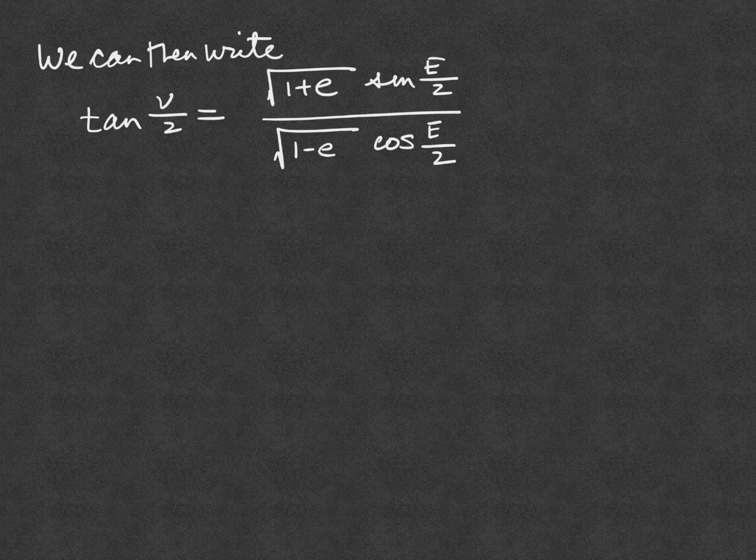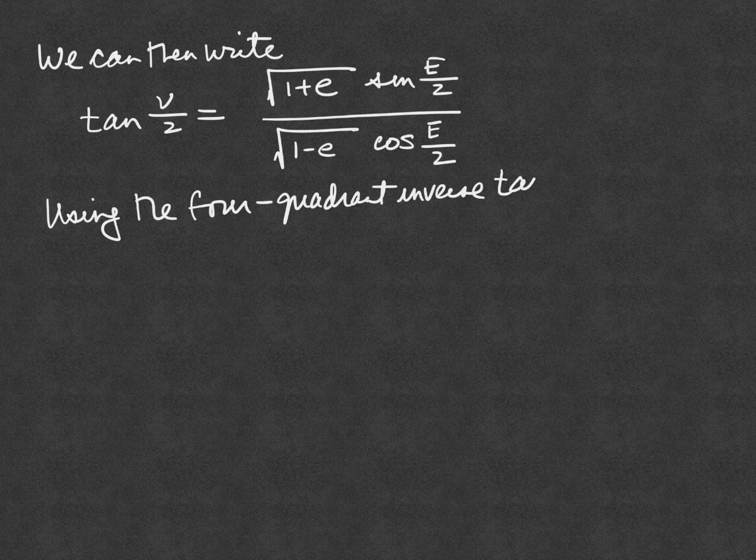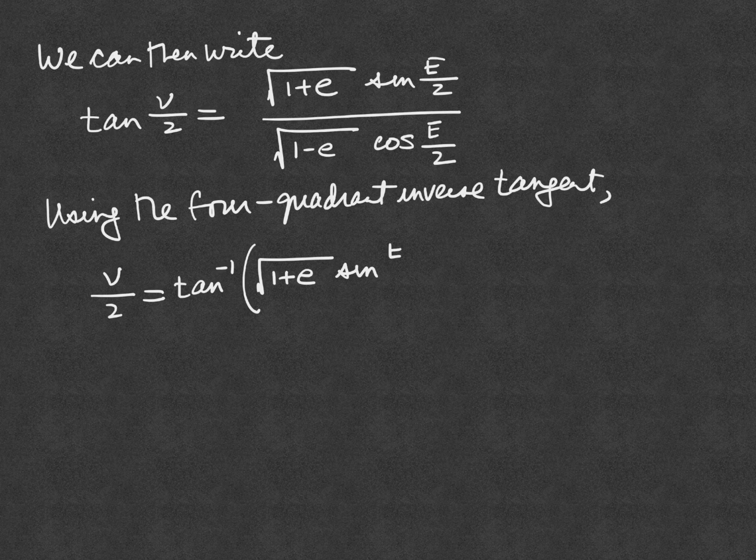And I can use the 4-quadrant inverse tangent to be able to invert this. So as a result, if I use the 4-quadrant inverse tangent, we wind up with nu over 2 equal to tangent inverse of the numerator, which is the square root of 1 plus e times the sine of E over 2, and then the denominator, which is the square root of 1 minus e times the cosine of E over 2.